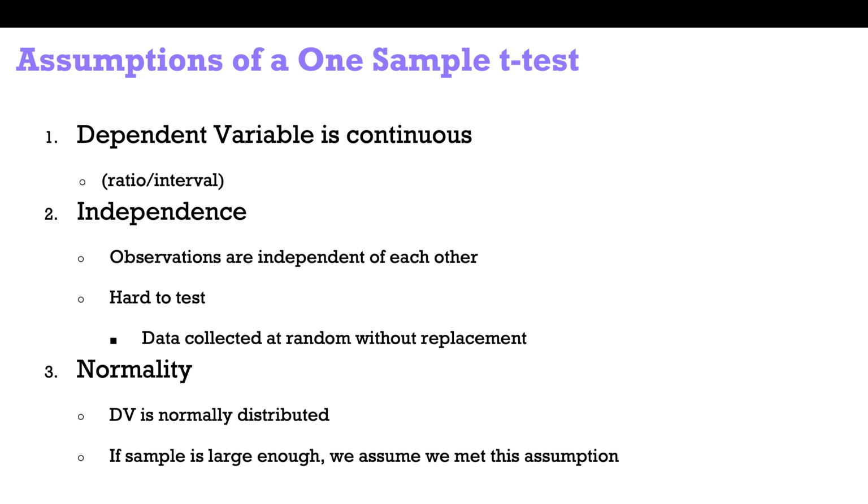This assumption is relatively hard to test. However, if we know that our data was collected at random without replacement, we can assume that we meet our assumption of independence. And thirdly, we have normality. We want to assume that our dependent variable, i.e. income, is normally distributed. If our sample is large enough, we automatically assume we meet this assumption for a one sample t-test.